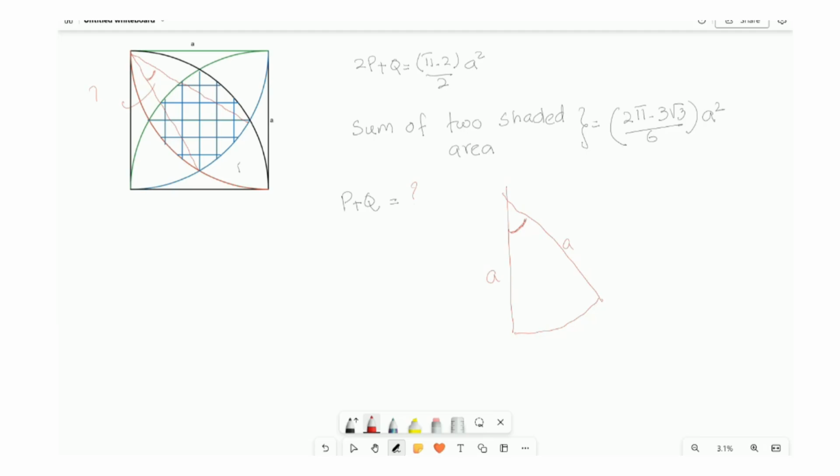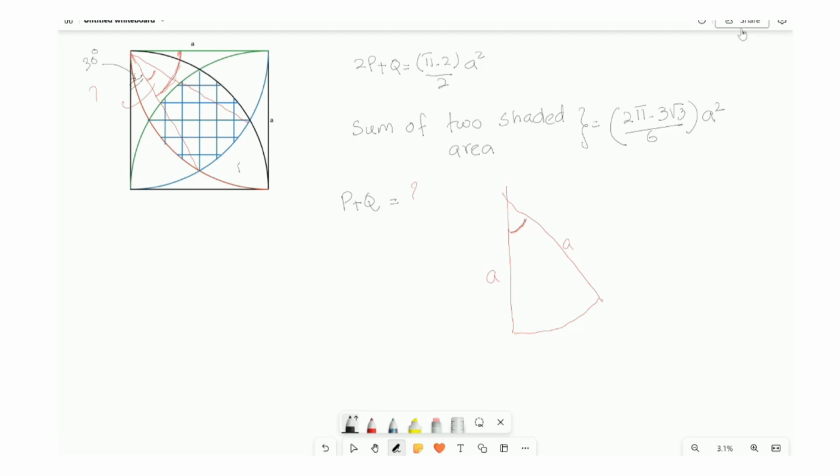We already know that this one, from here to here, was 60 degrees. Therefore this part is 30 degrees.